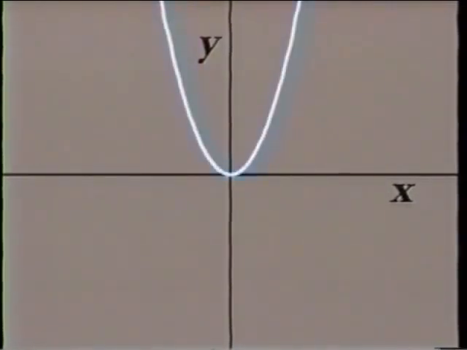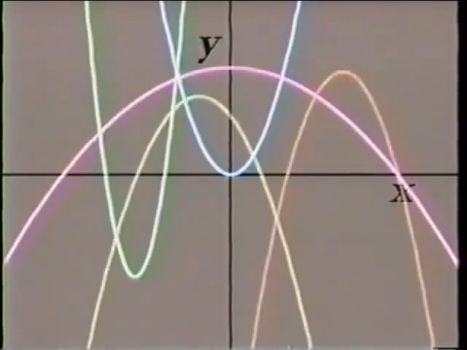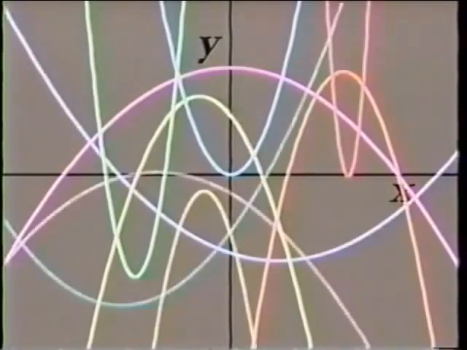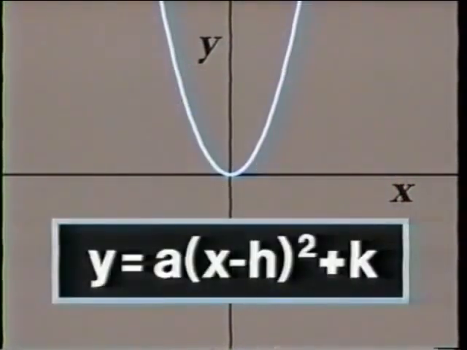There is a general equation for parabolas that have vertical symmetry. The general equation has values like a, h, and k instead of numbers, and we can identify the characteristics of the parabola independently.